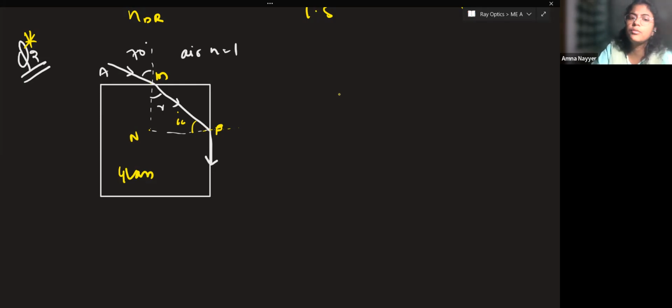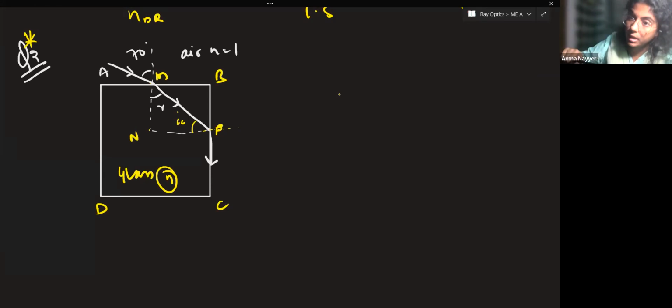Now, the question is to find this angle of incidence with this much data that is provided to you. So firstly, let's name the points: this is A, this is B, this is C, this is some random point D. Now see, for this vertical face BC, the refractive index is n. Let's say we do not know the refractive index. We have to find it because it is not given to us. So we cannot keep it as n, because this is a variable introduced by me, not given by the question.